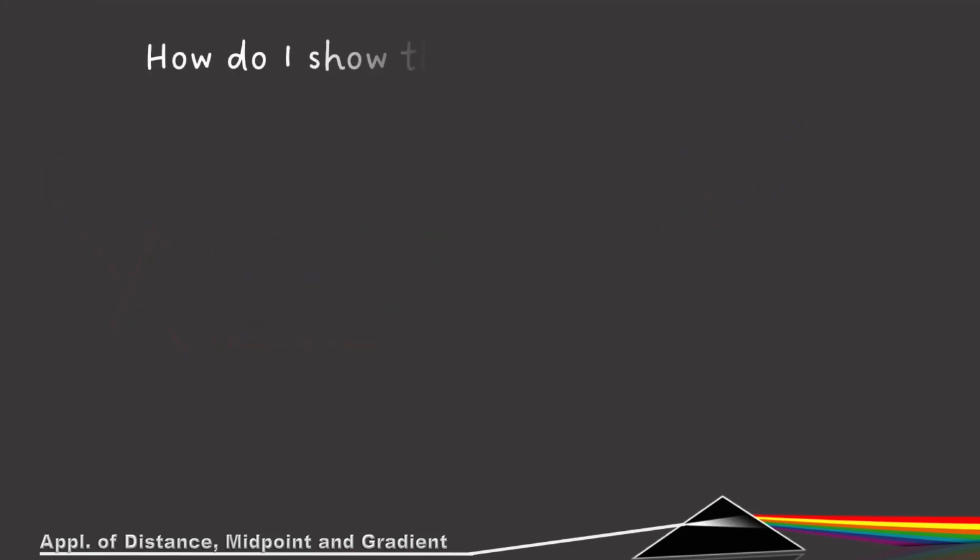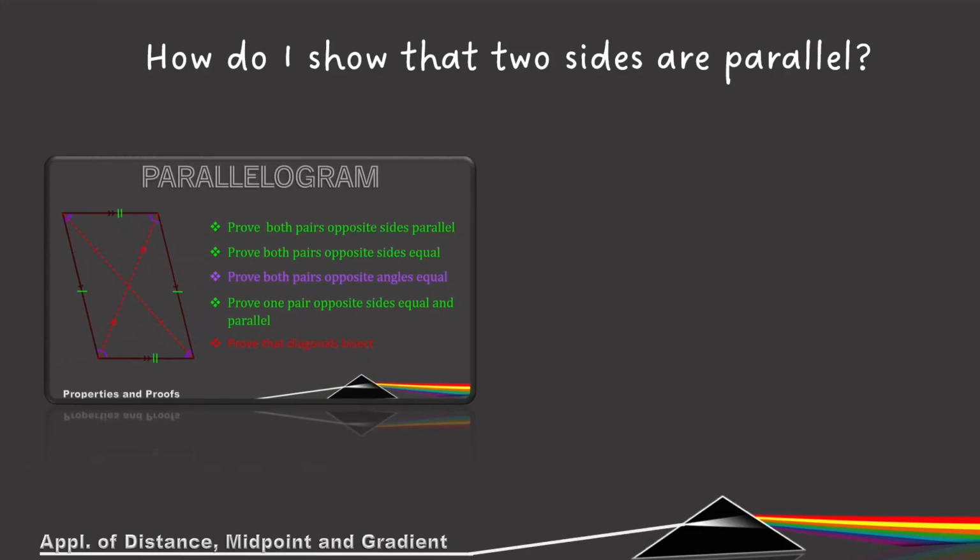And then how do I show that 2 sides are parallel? Again, if we look at the parallelogram, the first proof over here, we need to prove that both pairs of opposite sides are parallel, and the answer to that is the gradient formula, because we've seen that if the gradients of 2 lines are equal, then it means that the lines are parallel to each other.